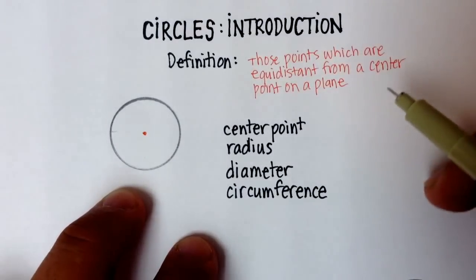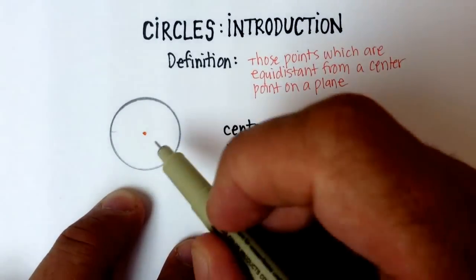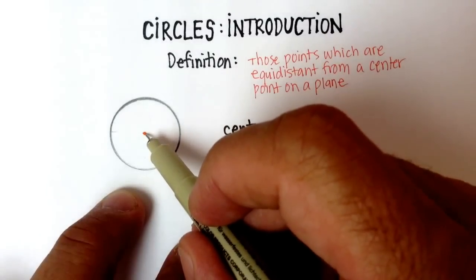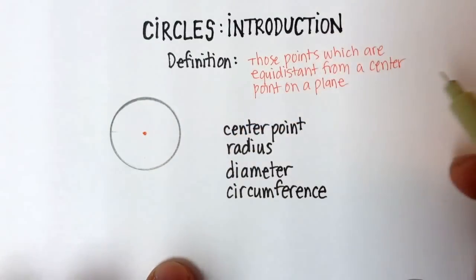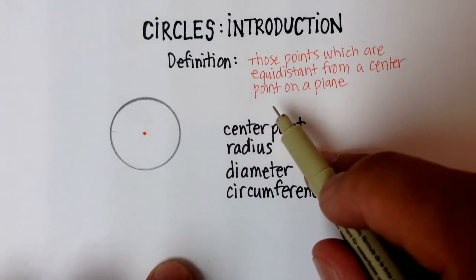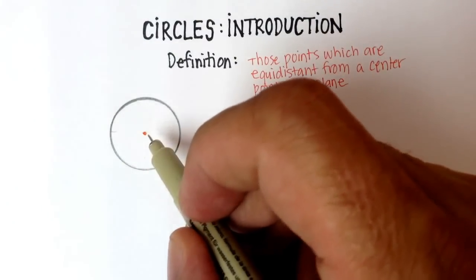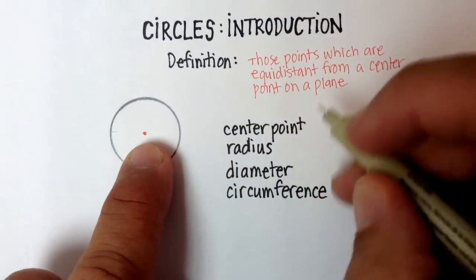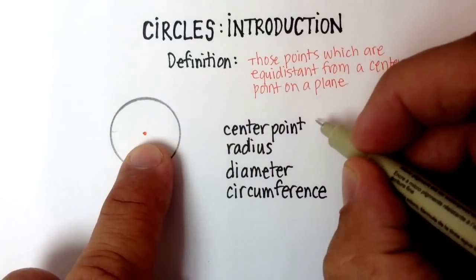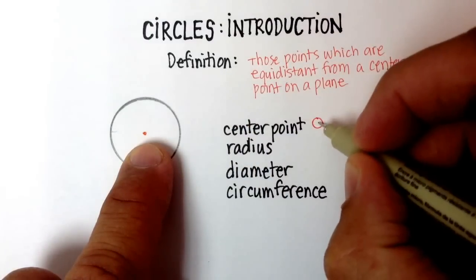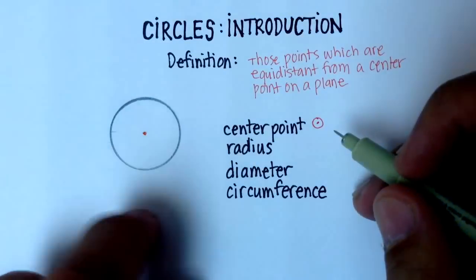Remember, we described a point as a particular location in space. A center point, therefore, is just a particular location on a plane. And normally the center of a circle is designated this way. You'll see that symbol for center points.